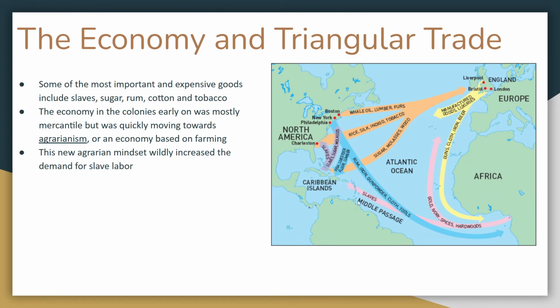And in the Caribbean is where sugarcane is going to explode. And now we are going to have both this influx of sugarcane that needs to be worked on and harvested, and now we also have this influx of a massive and essentially free workforce.